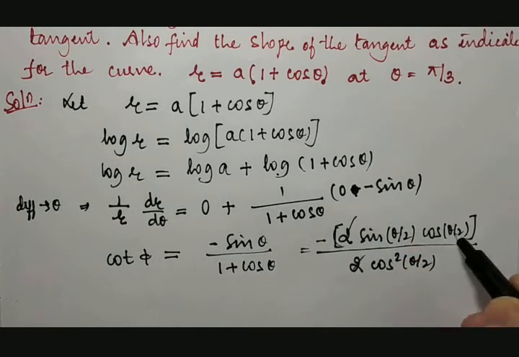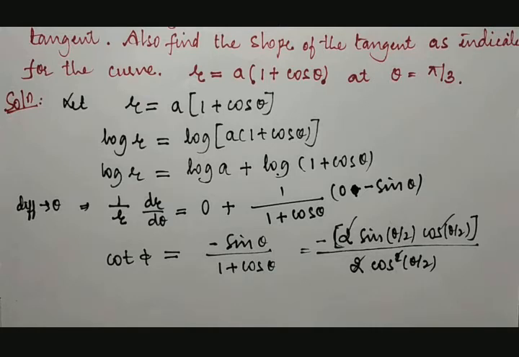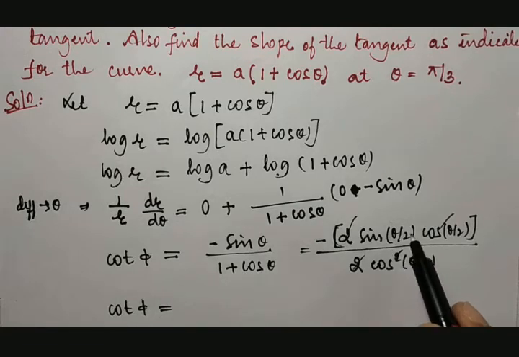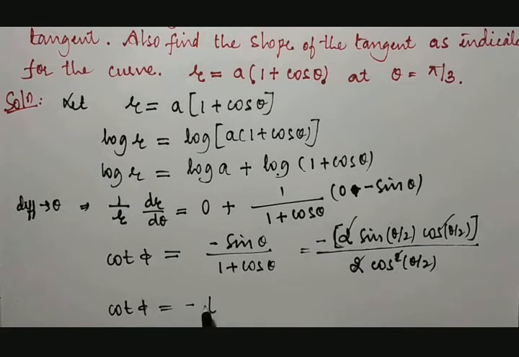Therefore here 2 gets cancelled and cos cancels with one more cos in the denominator. Then this result will be cot phi is equal to, what remains, minus sin theta by 2 divided by cos theta by 2, which is nothing but minus tan theta by 2.